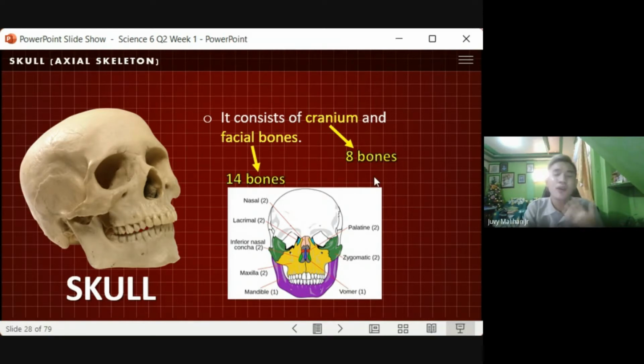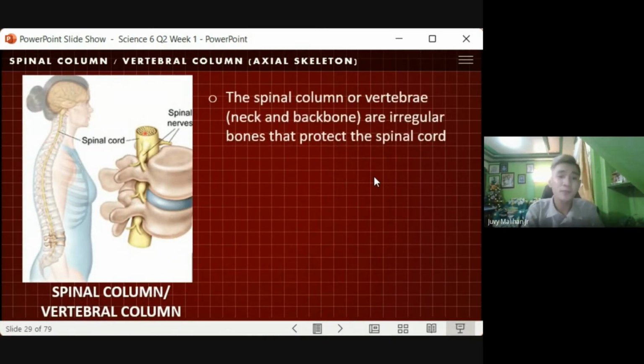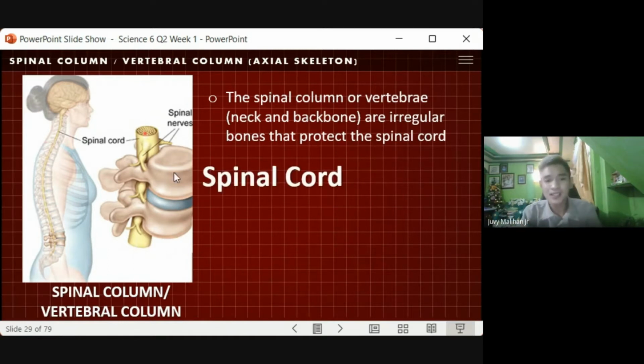Another part of our axial skeleton, class, is the spinal column, or what we call the vertebral column. Let me just read this one. The spinal column or vertebrae, such as the neck and the backbone, are irregular bones that protect the spinal cord. So this is an example illustration of the spinal cord, and this is the bone or the vertebrae that protects the spinal cord.